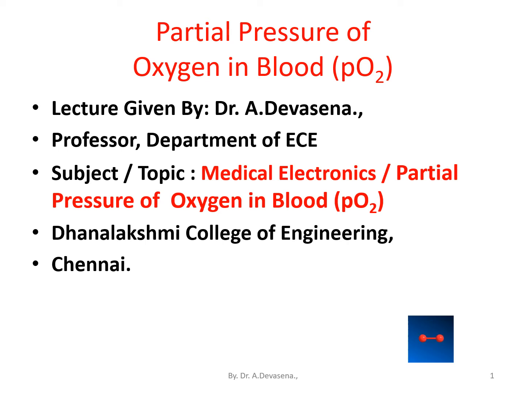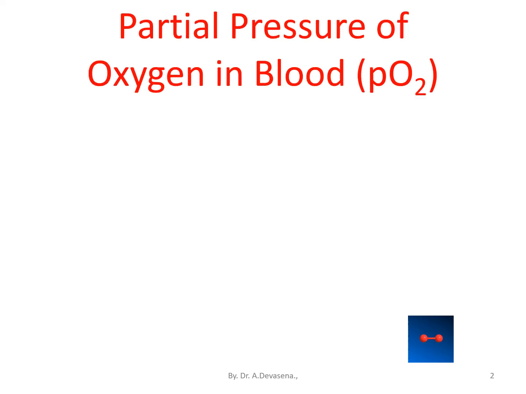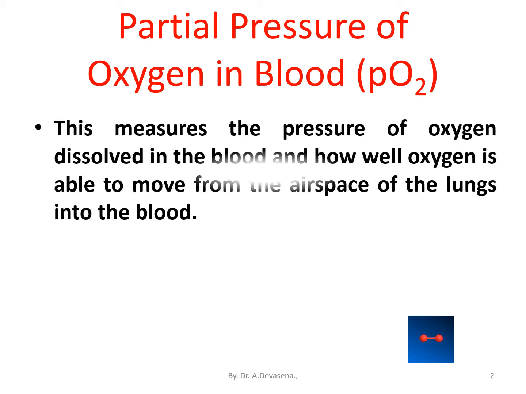In this lecture, we are going to discuss partial pressure of oxygen measurement in blood (PO2). This topic is present in the subject Medical Electronics. Pressure of oxygen in blood (PO2) measures the pressure of oxygen dissolved in the blood and how well oxygen is able to move from the airspace of the lungs into the blood.